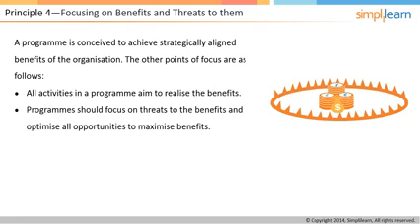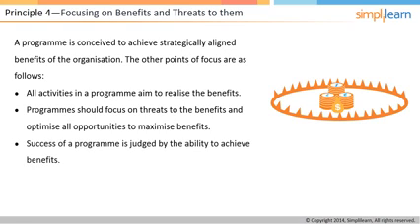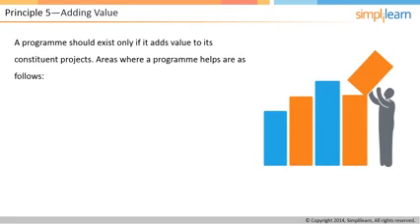Programs should not only focus on day-to-day challenges, but also be ready to manage strategic and long-term issues or threats to the benefits and optimize all opportunities to maximize them. Benefits management should be at the top of the program board agenda. The success of the program is assessed by the ability to achieve benefits. In the next screen, we will discuss the fifth program management principle.